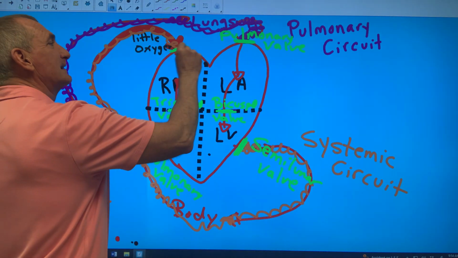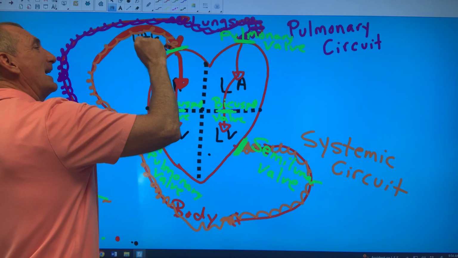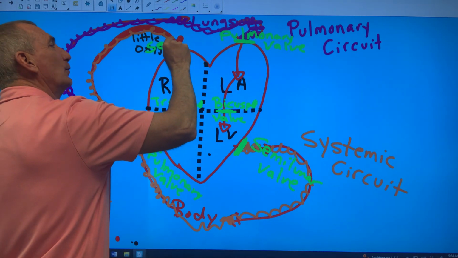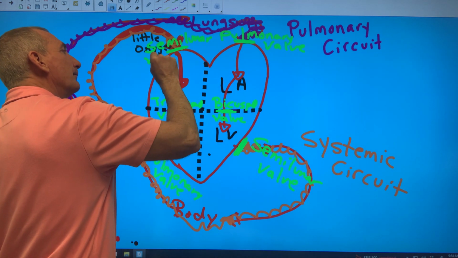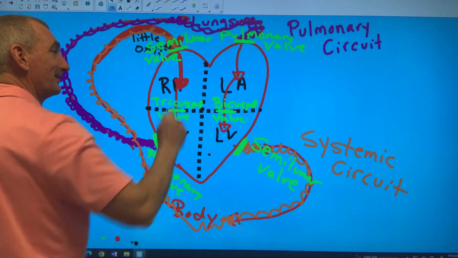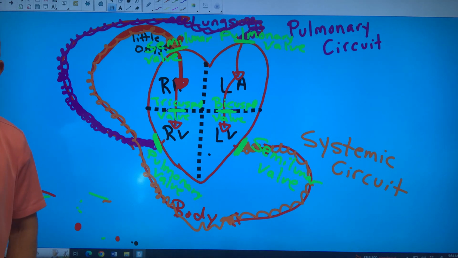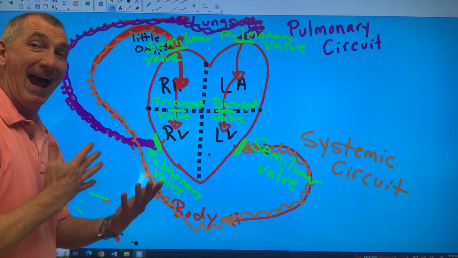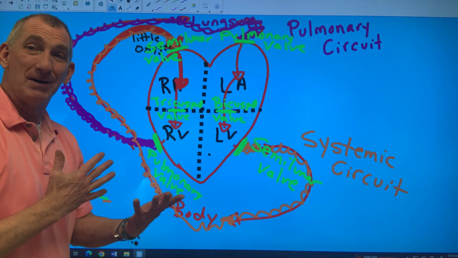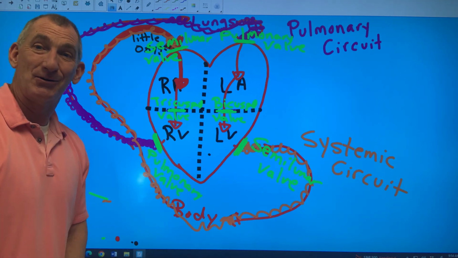And the one outside of here, outside the right atrium, is the semilunar valve. All right, that's the pathway of blood through the heart using an inaccurate drawing.